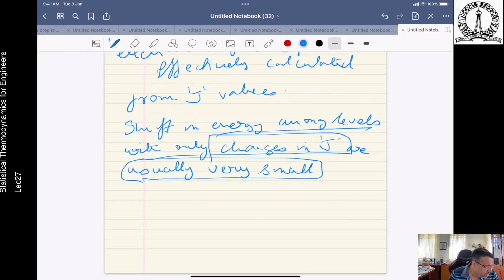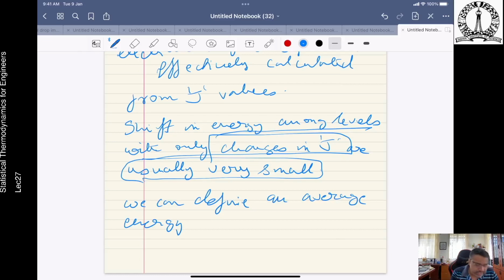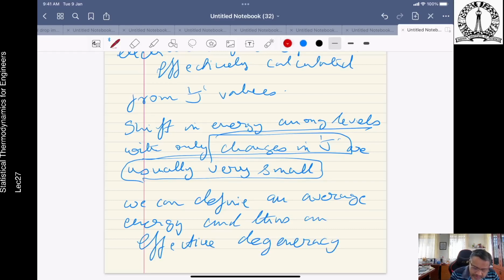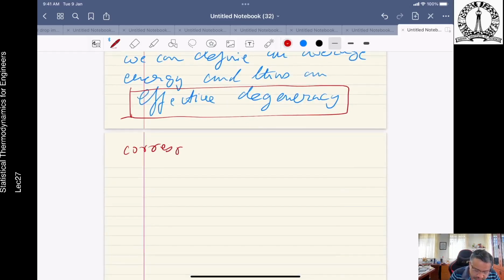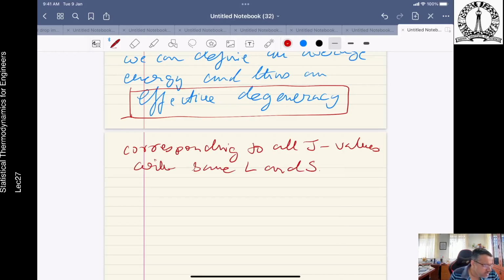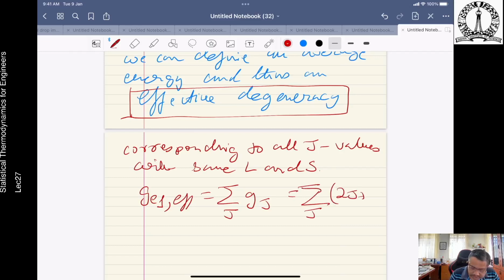It is so small that we can define an average energy because the differential is very small, and thus an effective degeneracy corresponding to all J values with the same L and S. So g_L effective is the sum over all J of g_J, which is the sum over J of 2J plus 1.